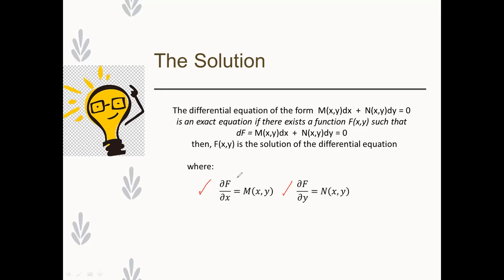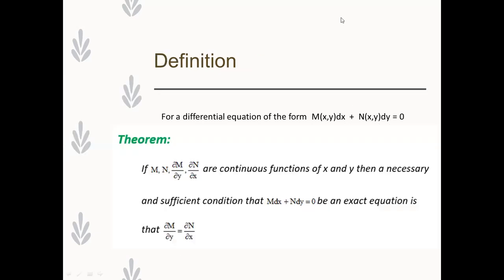Okay, so the partial of f with respect to x is actually this M, and the partial derivative of f with respect to y is actually this N. These two you need to determine, and that way you'll find the solution of your exact differential equation. Now, this one is already part of the solution of your exact differential equation, whereas, let me clear this one so that you will not be confused, this one here is the test.